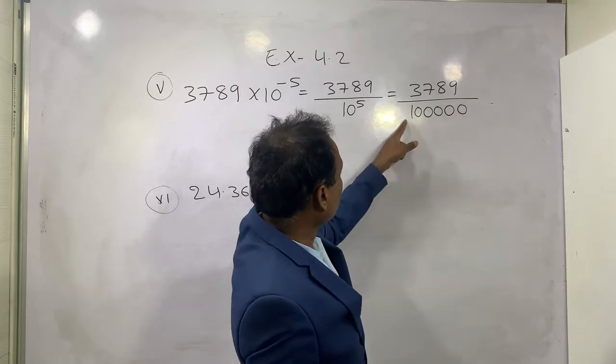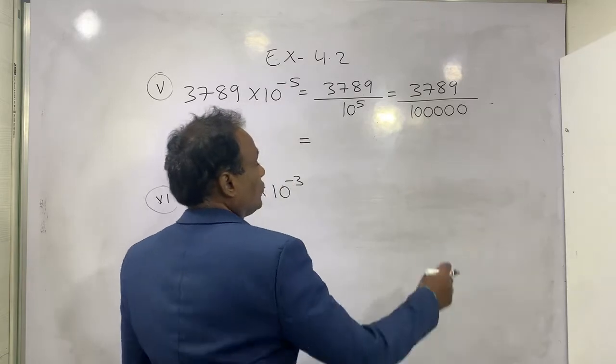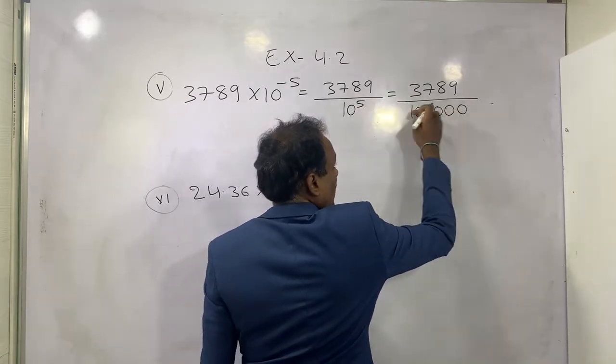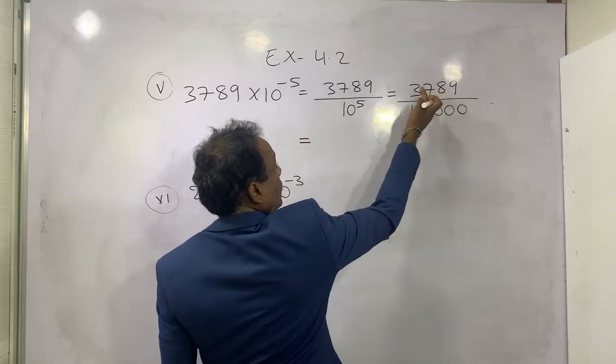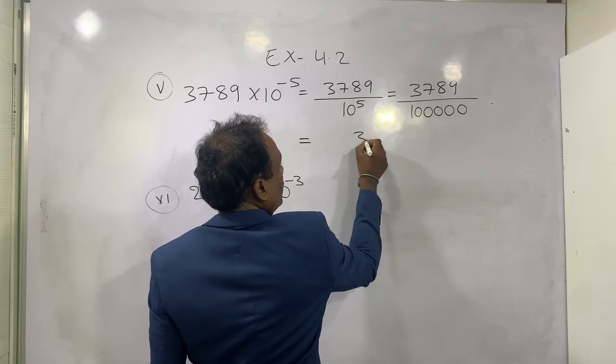To remove this denominator, to remove the zeros, we have to keep the decimal. 1, 2, 3, 4, 5 zeros. To remove 5 zeros, put the decimal before 5 digits.